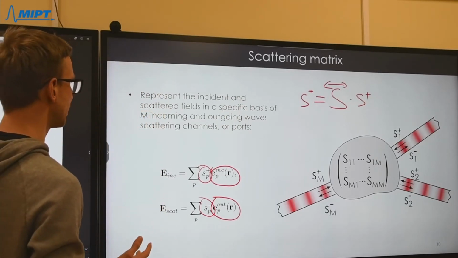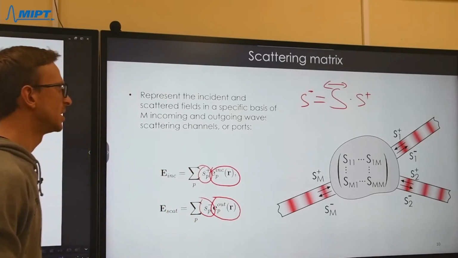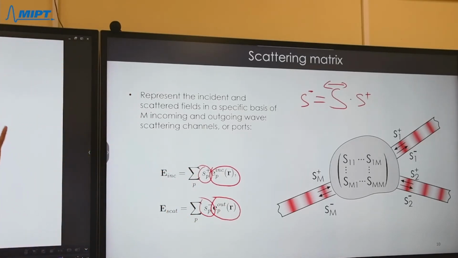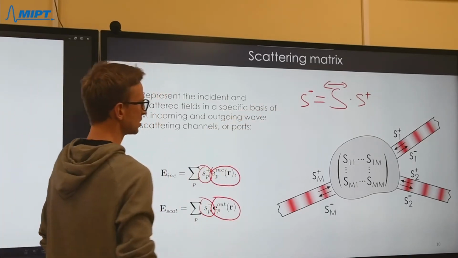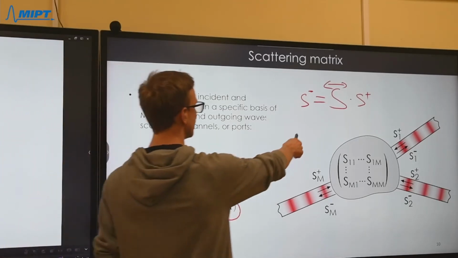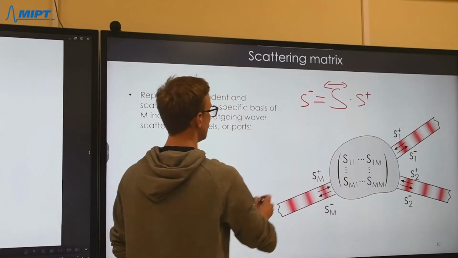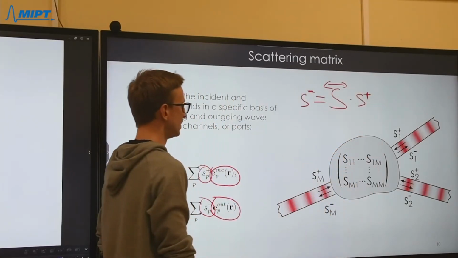So what we have done by using these channels, the incident and the outgoing, is that we fixed a certain linear space, a Hilbert space, in which we can consider the scattering problem. And then we projected the scattering matrix onto this set of channels, and that gave us the following relationship between the scattered and incident fields.